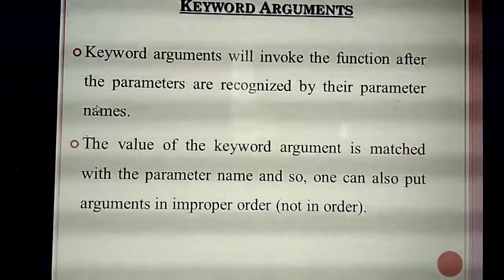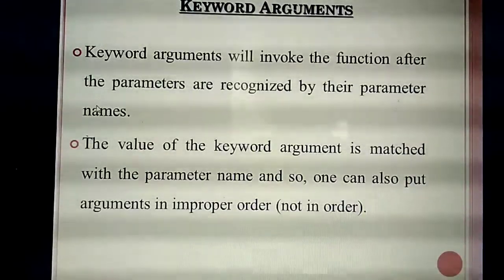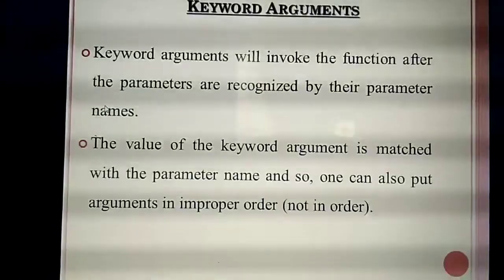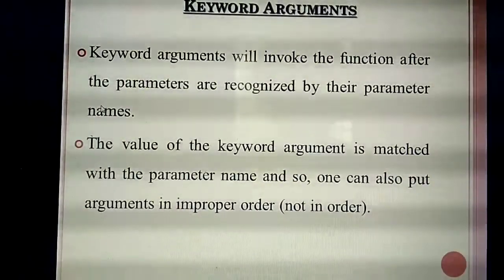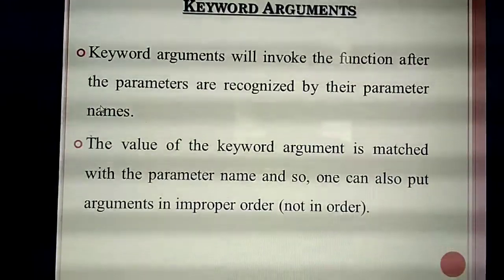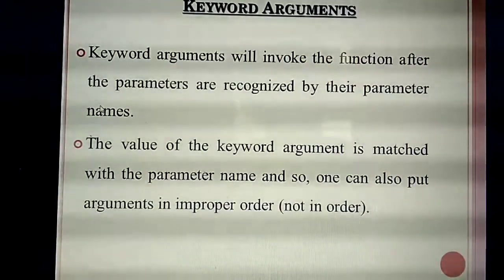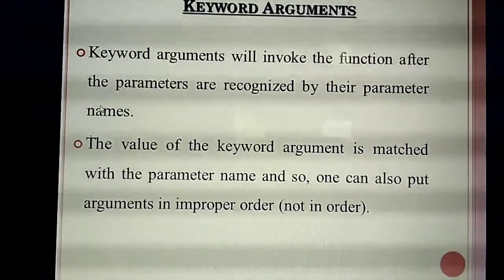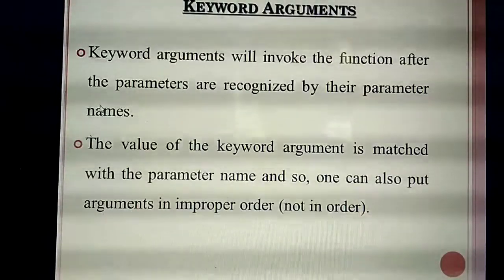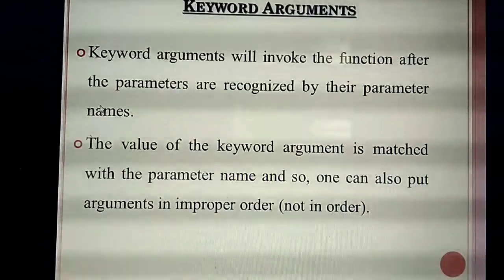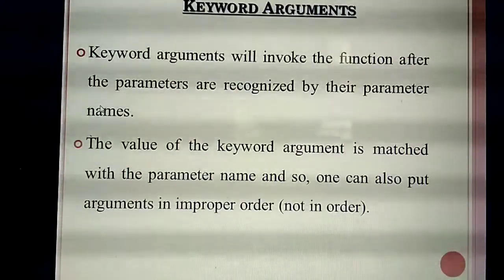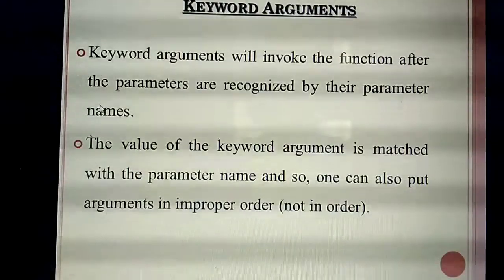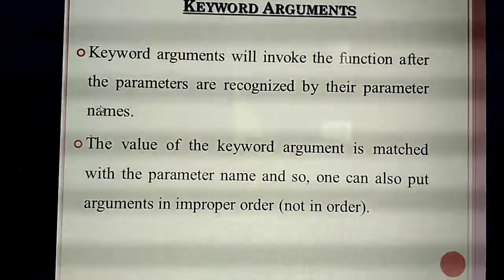Those are the two arguments, isn't it? Name and age. In the place of name, what do I need to give? The name of the student. For example, in the place of name I am giving Asha, and in the place of age I am giving the value 15. So that's correct. That name argument is matched to the name of the student. Age equal to 15 means that argument will be matched to the age of the student.